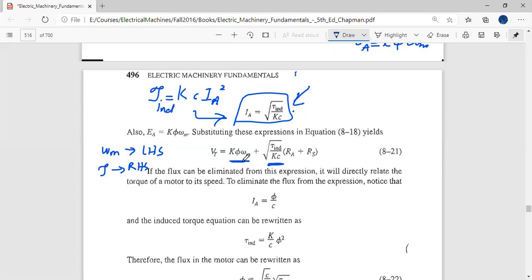Now both the omega and the torque variables are featuring on the right hand side of the equation, and the other problem is that we want to get rid of phi, because I want a graph of omega m versus torque. So this variable should be a function of the torque, and other variables such as flux should be eliminated. These things are constant.